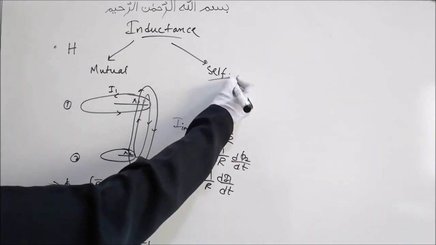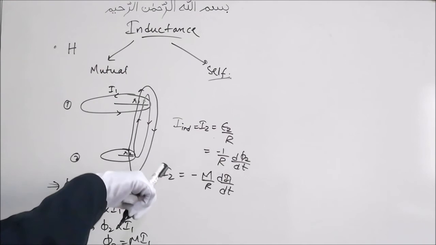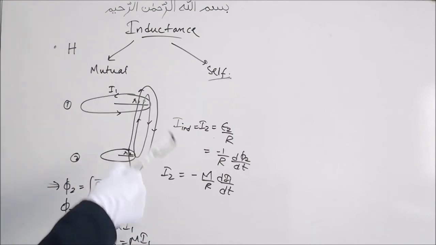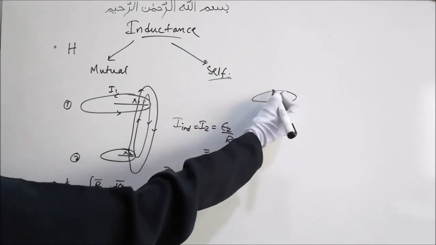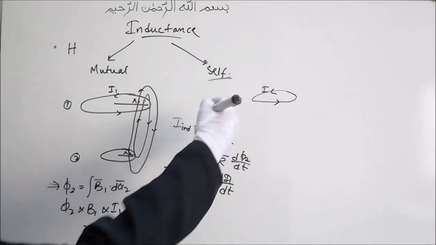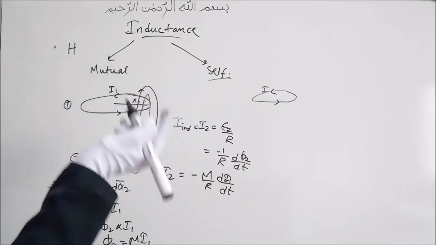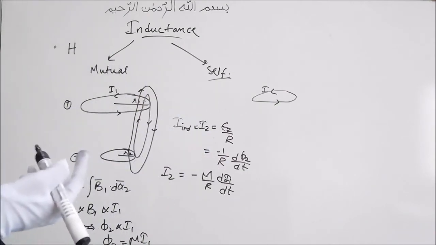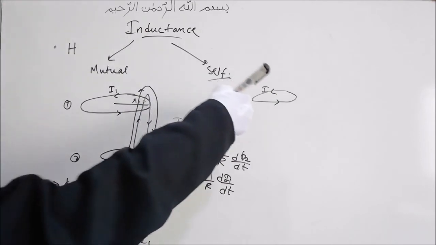Second, we have self-inductance. Self-inductance is the EMF induced in the source loop itself because of the changing current in the source loop. So we have just one loop, carrying current I. If the current is changing, the magnetic field will change. Because of the changing magnetic field, a flux will change, and that will give rise to an induced EMF in this loop.